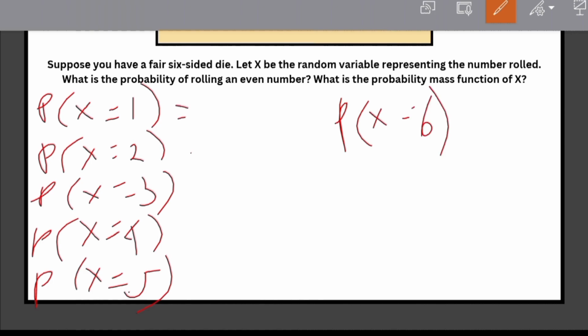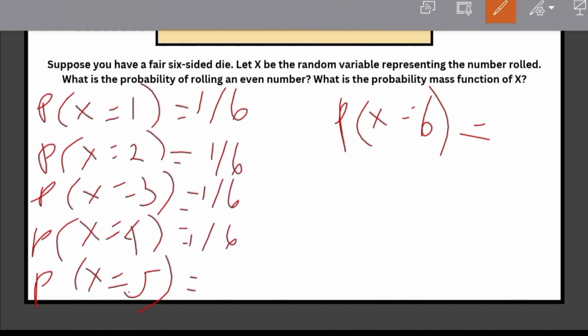All of them have the same probability, as they have one side per die. So in those 6 sides, we have 1, there's 2, then there's 3 dots, there's 4, and so on and so forth.